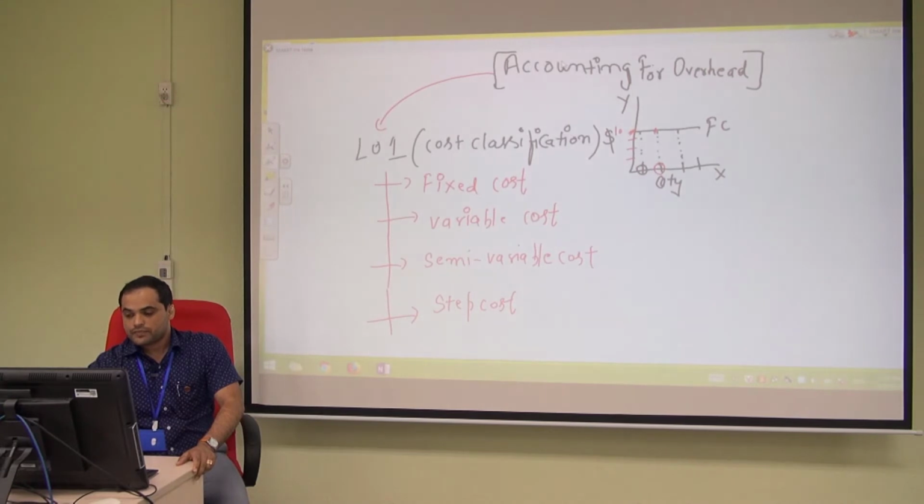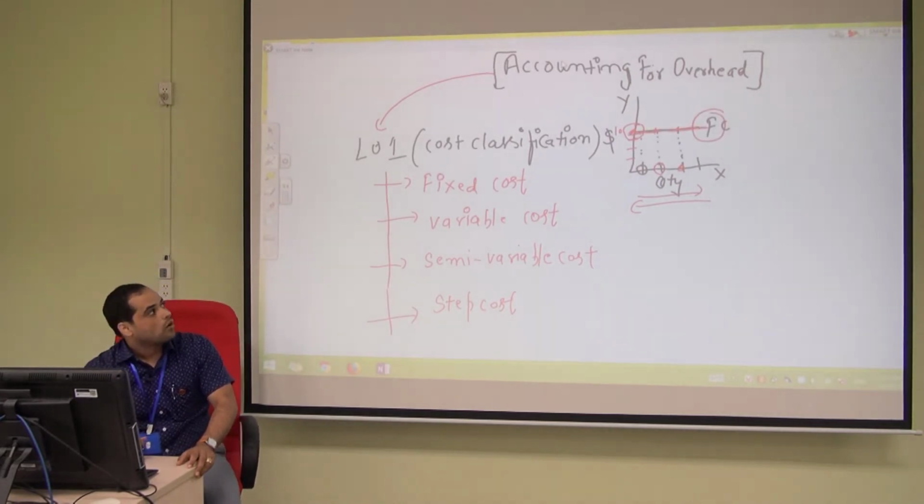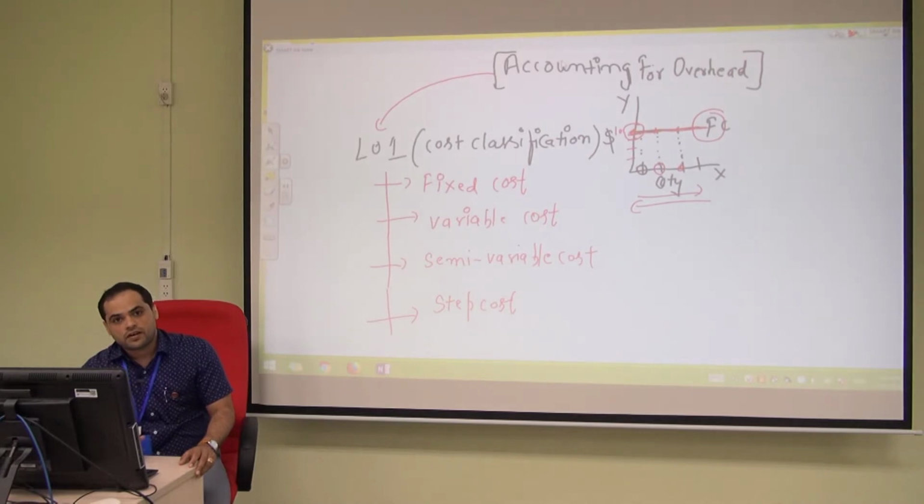Let's say it's $10. Now again, quantity increases, cost remains the same. So the idea is that no matter the level of production increases or decreases, cost remains unchanged. That is called the fixed cost.